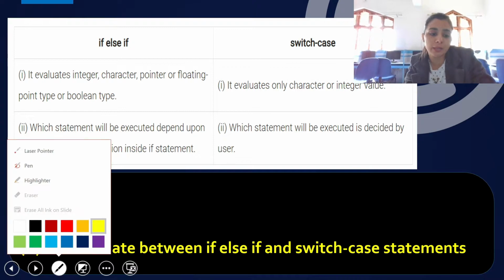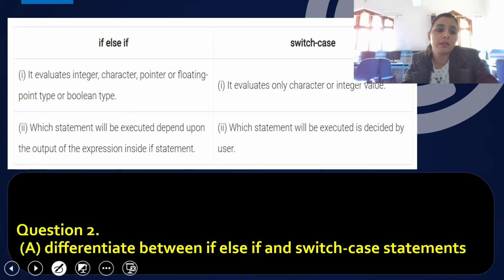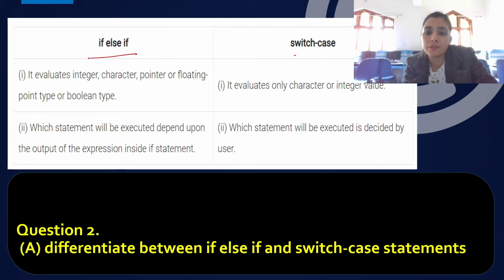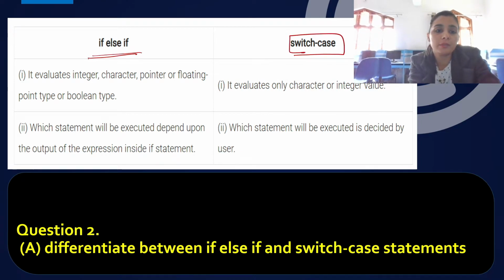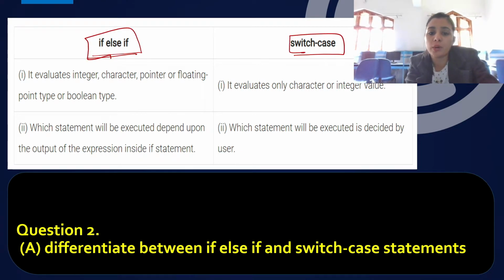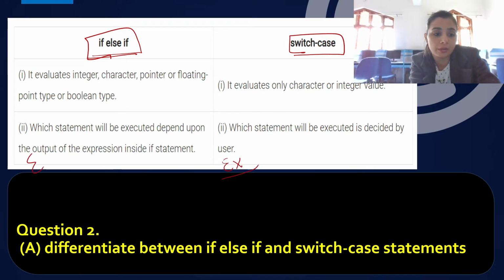Next we have the comparison. So comparison between if else if and the switch case, so we have to compare both. One thing you have to remember here, it is not written, but for a differentiate question, an example must always be included. So give one example also for the switch case and for the if else.